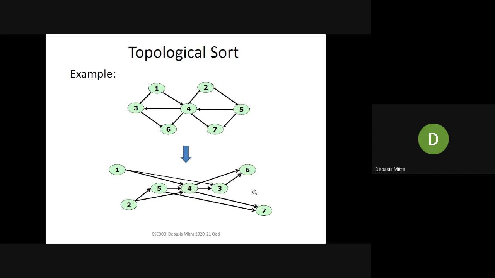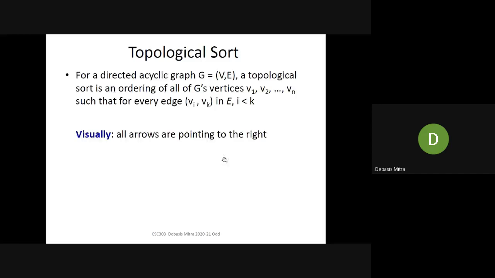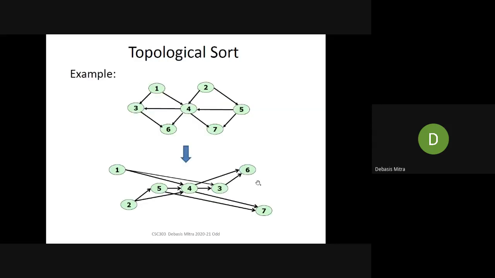That means 4 appears before 3, which is desirable. This condition is saying if there exists an edge between Vi and Vk, Vi must appear before Vk in the topological sort. Understood? Is it understood? The meaning of topological sort? Yes, sir.